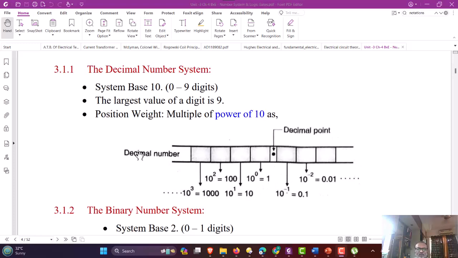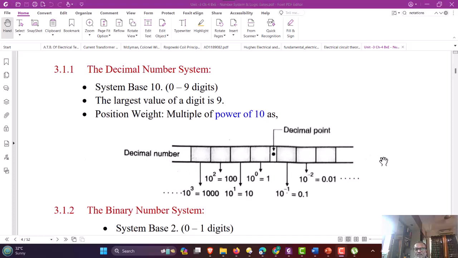In the integer portion, the zeroth position has position weight 10 raised to 0, that is 1. The first position, the weight is 10 raised to 1. The second position, the weight is 10 raised to 2. The third position, the weight is 10 raised to 3, and so on.